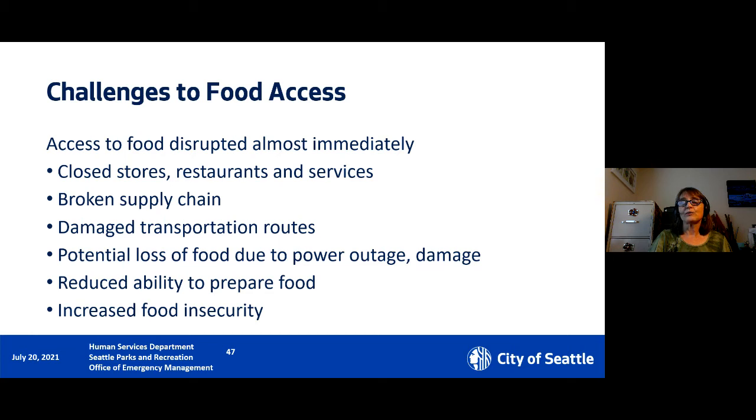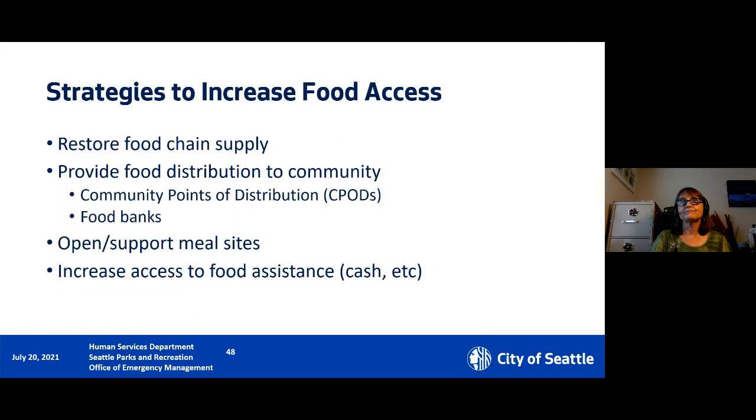What can cause this would be things like loss of jobs, loss of access to be able to use benefits. Some of the strategies to increase food access include increasing supplies through bulk purchases of food for food banks and meal programs.